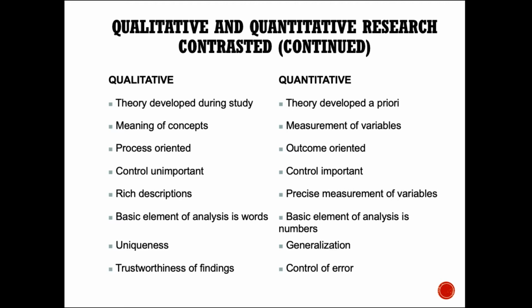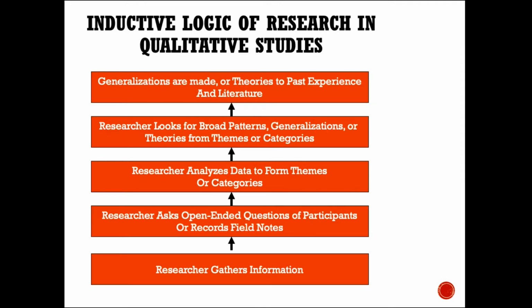In qualitative, trustworthiness of the finding is there because we gather the data from the real source. But in quantitative, since we are using numbers, we have control of error. So this will show us the difference between inductive and deductive logic of research.